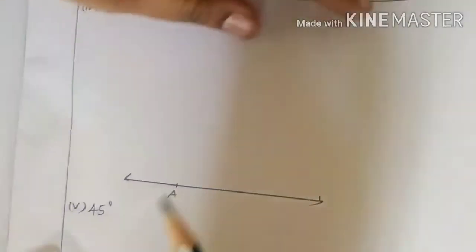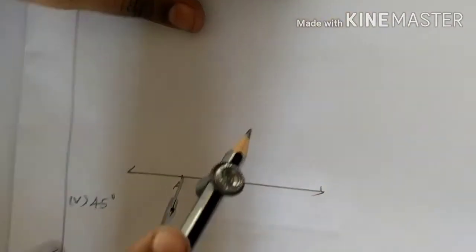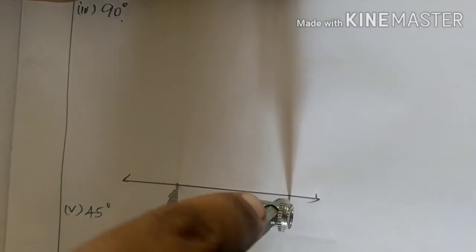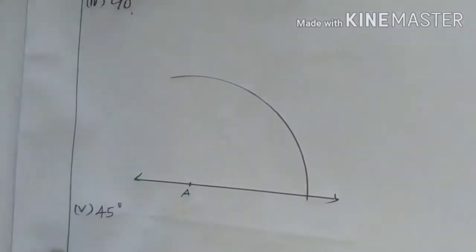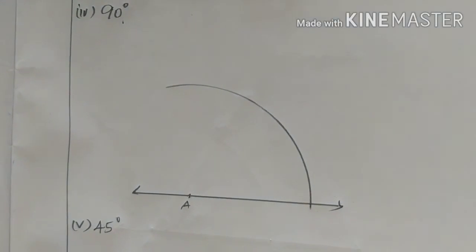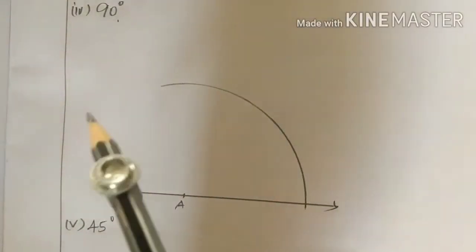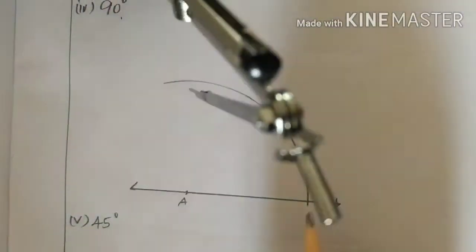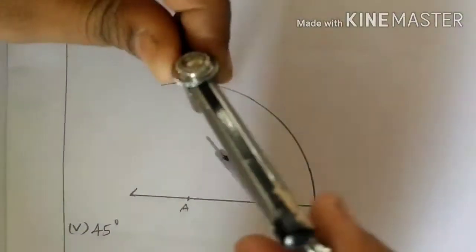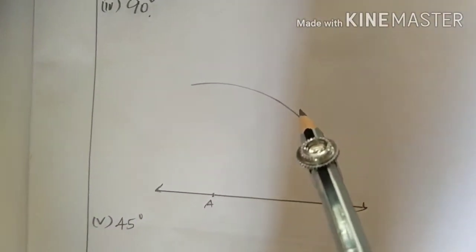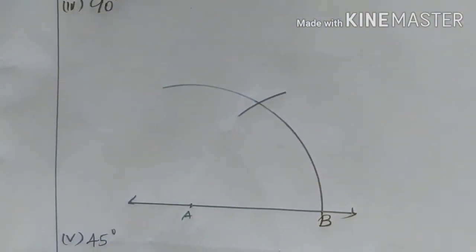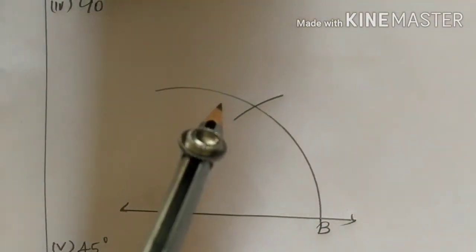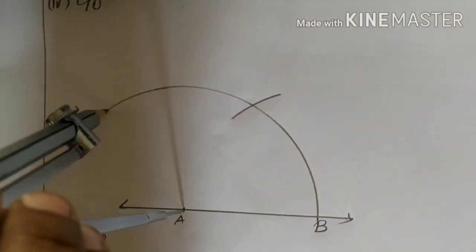Take the compass, draw at a convenient angle. I have drawn the arc. With the same measurement, mark it as B. At B, again I am going to draw for 60 degrees. I have drawn for 60 degrees, extend this.